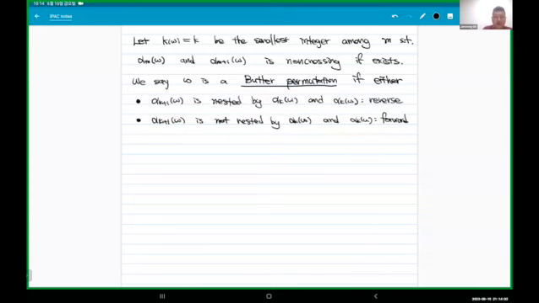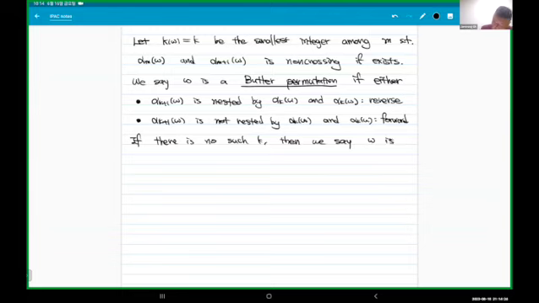And as I said, it is possible that there is no such k. If there is no such k, then we say W is a Butler permutation in this case if alpha n minus 1 of W, the almost last arc, is in reverse direction.